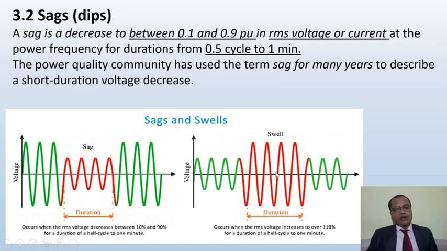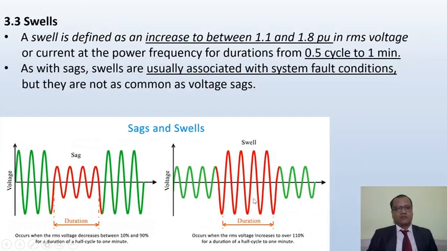The power quality community has used the term sag for many years to describe a short duration voltage decrease. And here, for comparison, this graph is taken for the next power quality event, that is the swell. It is an increase of the RMS value of voltage in the range of 1.1 to 1.8 per unit at the power frequency for a duration from 0.5 cycle to 1 minute.